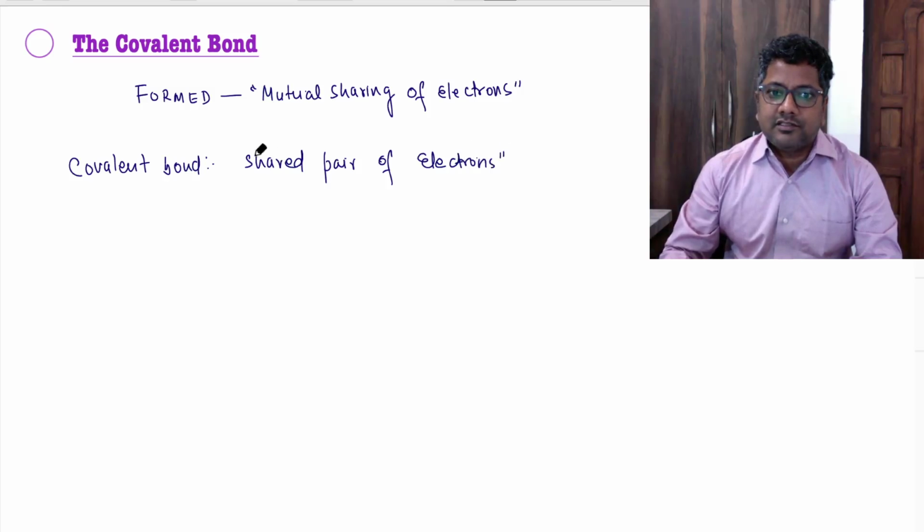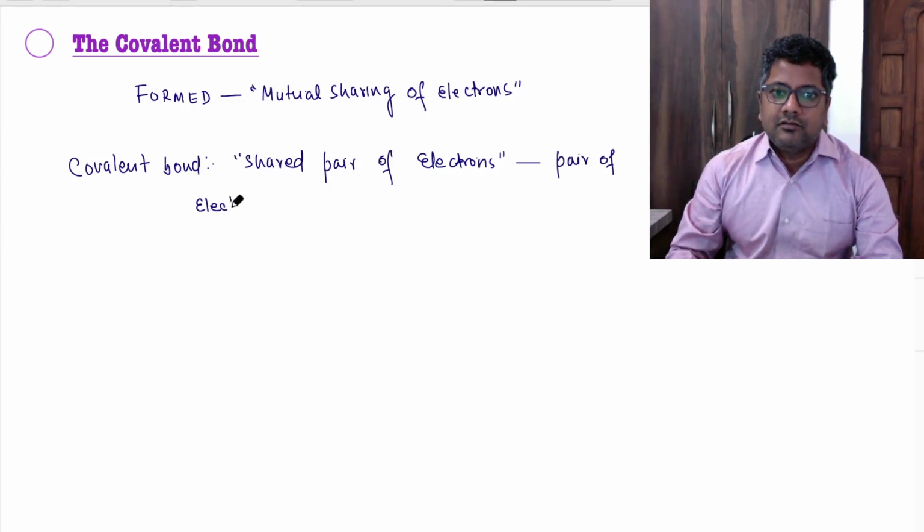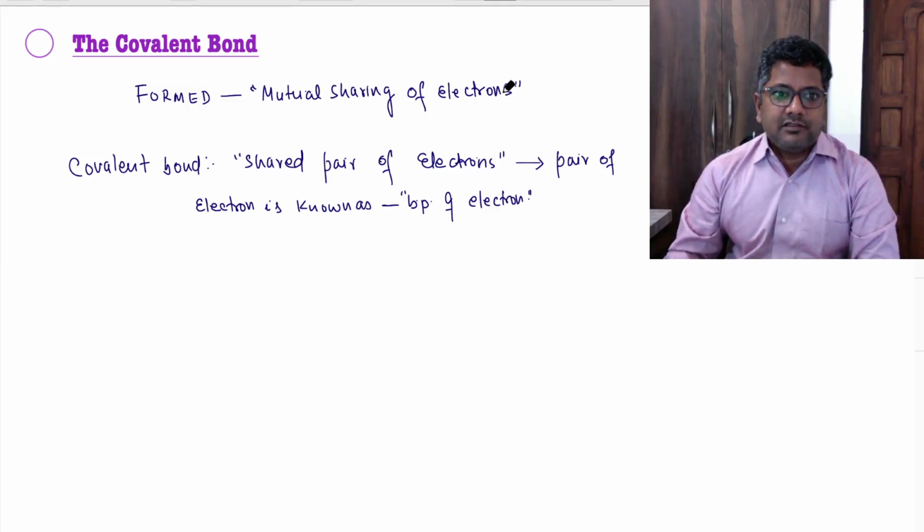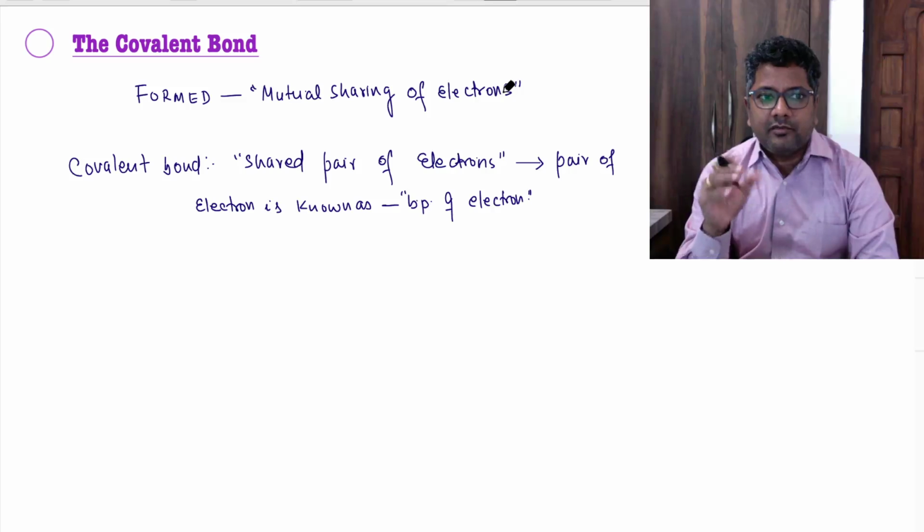Shared pair of electrons is called a bond, and the pair of electrons present is known as the bond pair of electrons. So covalent bonds are formed by mutual sharing of electrons, meaning both atoms contribute in the bond formation.